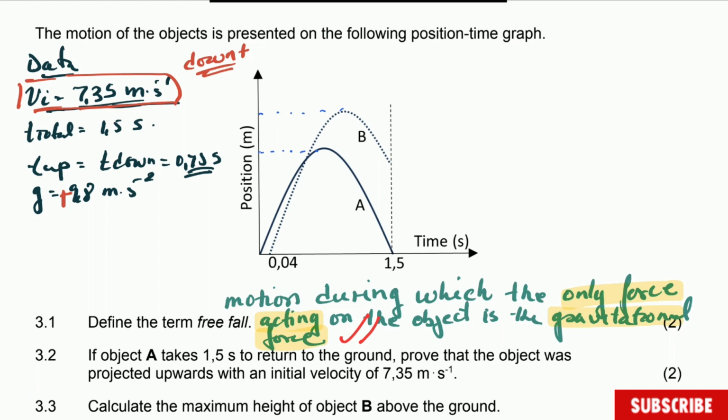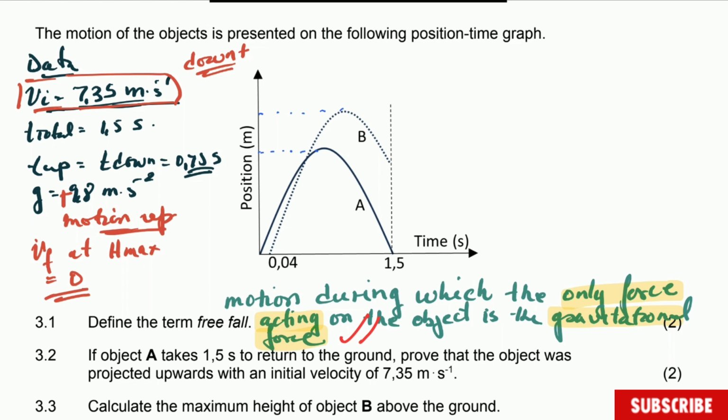Let's take, for instance, the motion up. If the motion is up, the final velocity, which is at maximum height, is equal to 0. That is important.